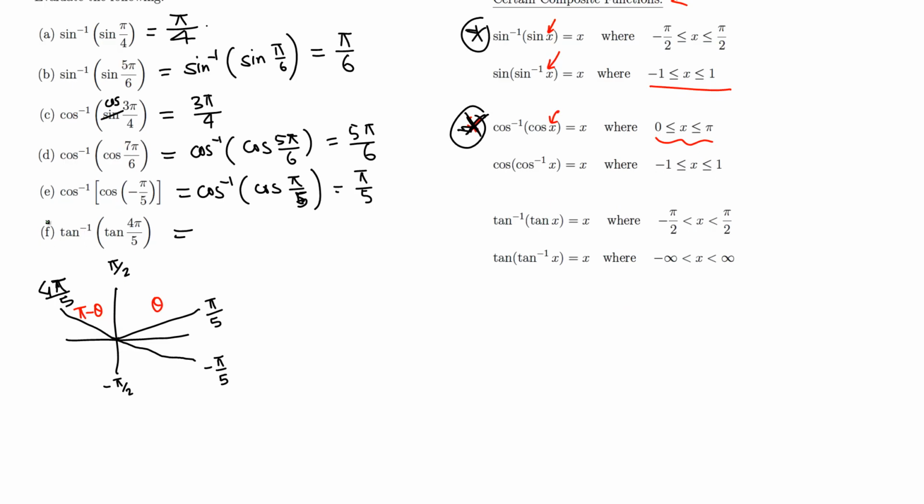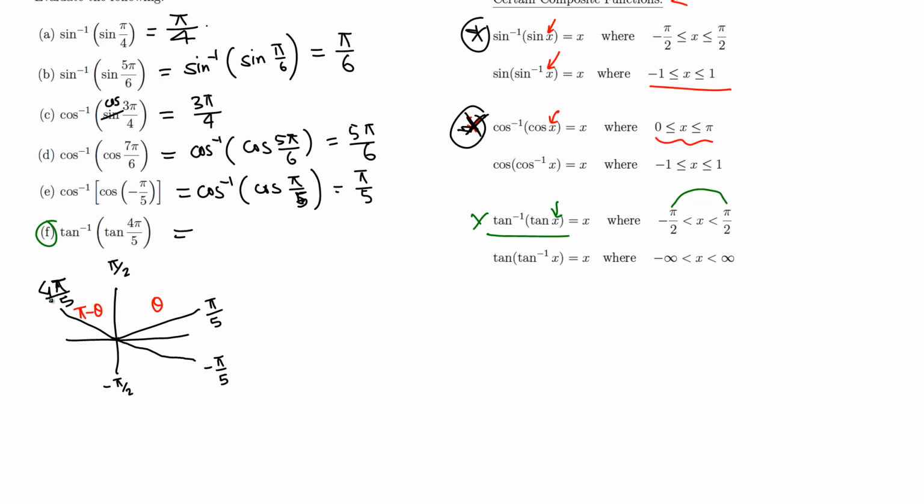Part F, tangent inverse of tangent of an angle. Look at this rule. Tangent inverse of tangent x is x as long as this x is in between negative pi over 2 to pi over 2. But 4 pi over 5 is bigger than pi over 2.